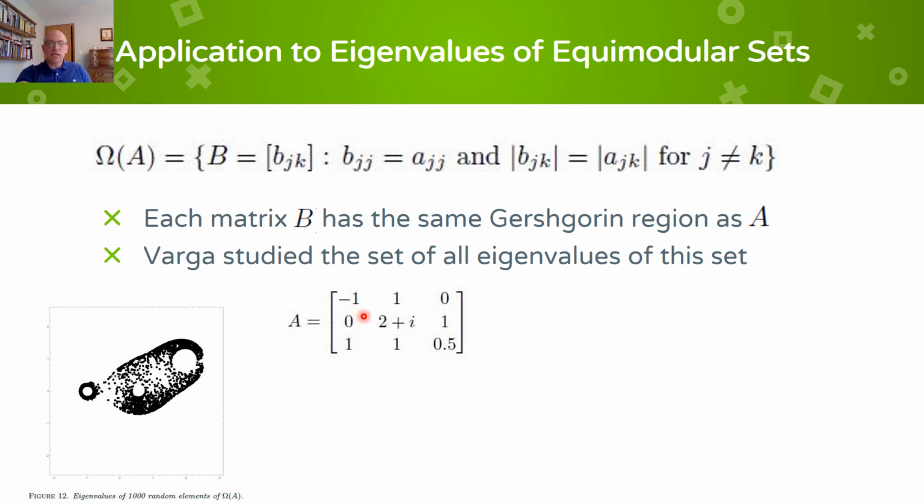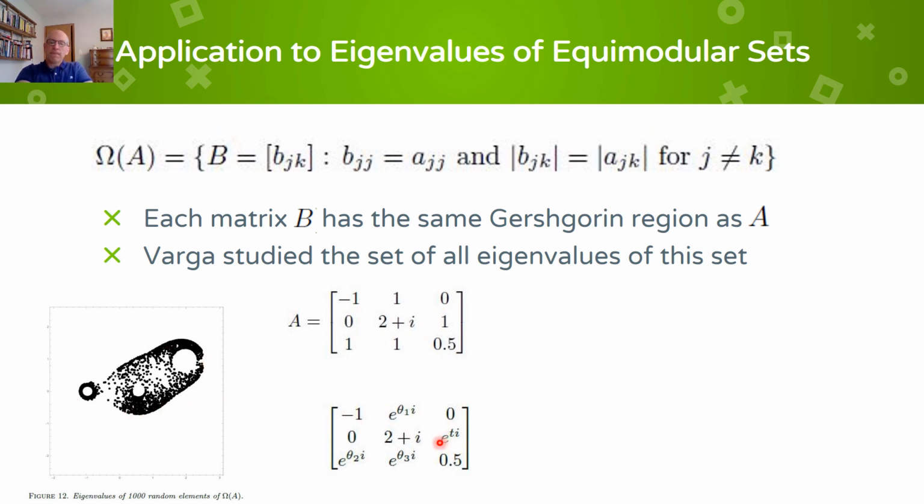And so for this matrix A, here's a plot of 3,000 eigenvalues. Take 1,000 different matrices that have the same Gershgorin region, plot their eigenvalues, and notice there are clearly some internal boundaries to this set. And Varga found that very interesting. He proved that they were the intersection of minimal Gershgorin sets.